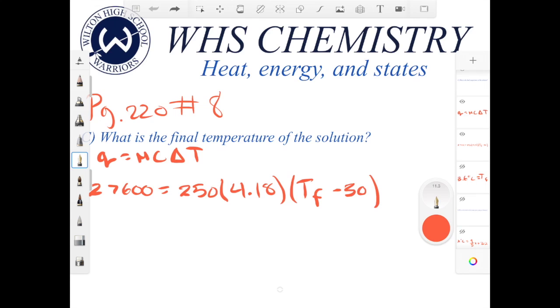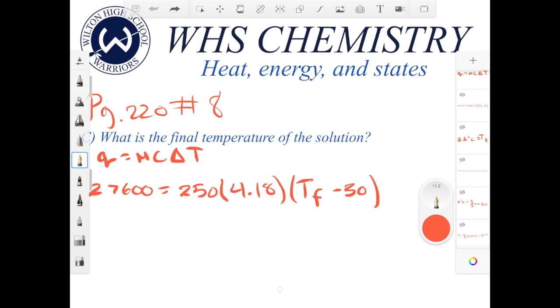Don't forget to convert 27.6 kilojoules to joules, because C, your specific heat capacity, is given in joules. 250 is the mass of the water, as we are given 250 milliliters of water, and the density of water is 1 gram per milliliter. 4.18 is the specific heat of water, and for your change in temperature, because we're not given the final temperature, but we are given the initial temperature, you can rewrite delta T as temperature final minus 30.